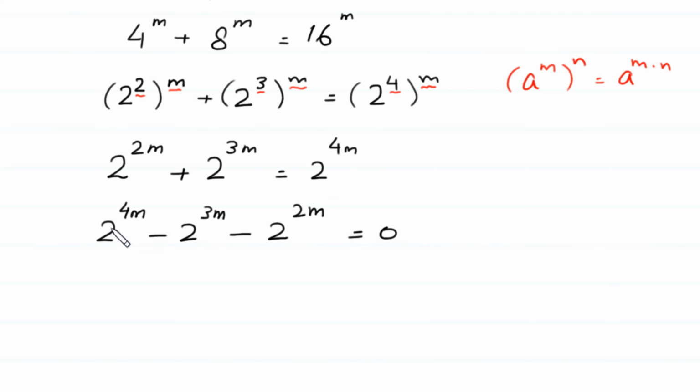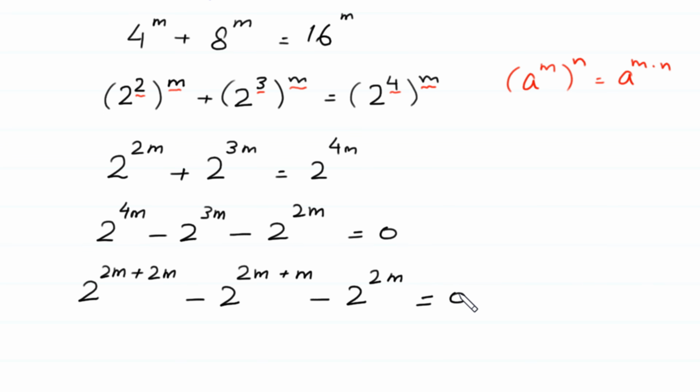Now we can write 2 to the power 4m as 2 to the power 2m plus 2m, minus we can write 2 to the power 3m as 2 to the power 2m plus m, minus 2 to the power 2m is equal to 0.